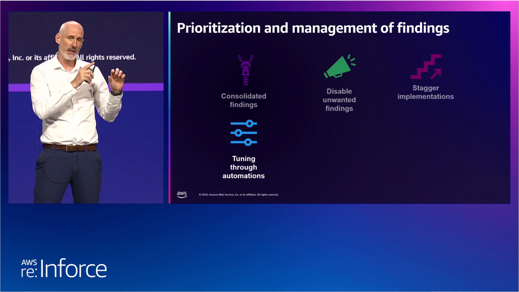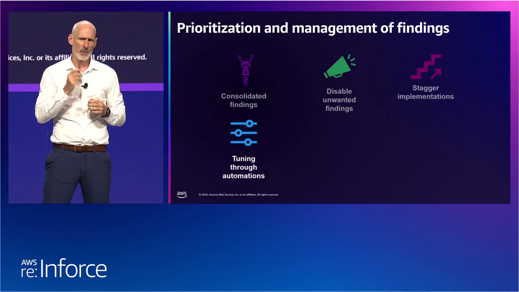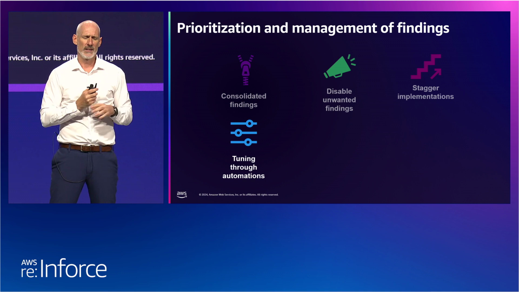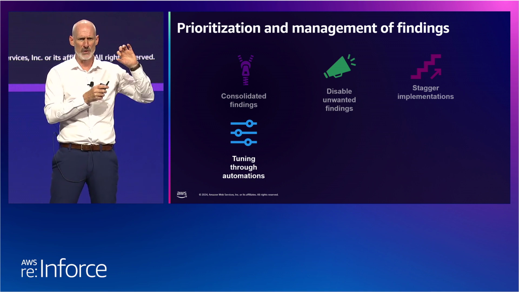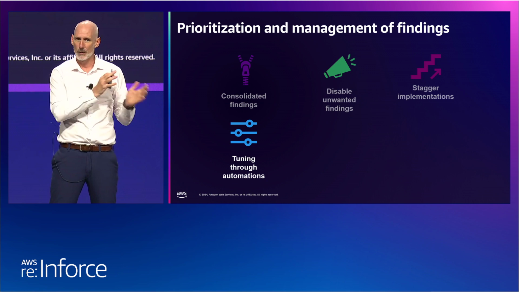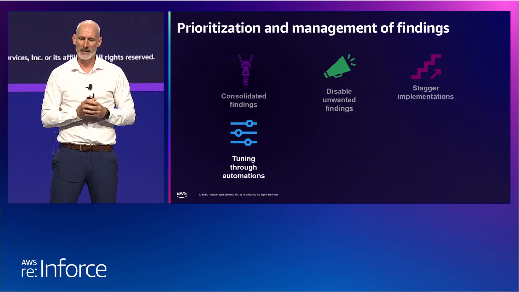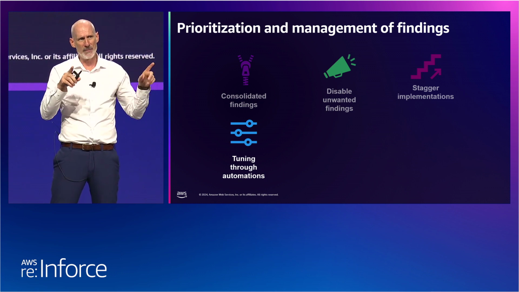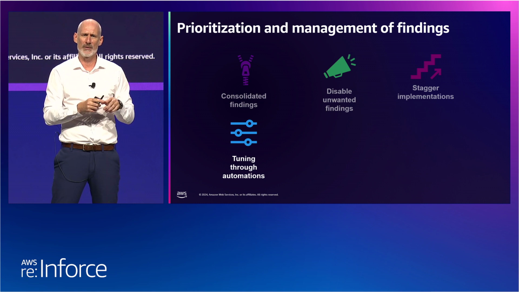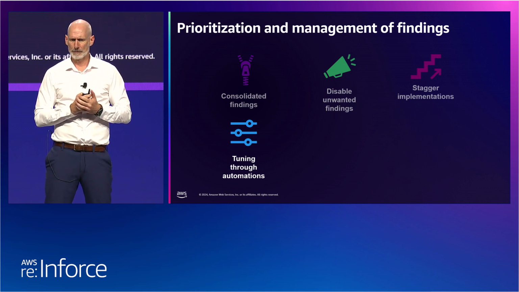And we found that some of the standards brought them out as medium or even high, but we see them as critical findings. And so we used automations to tune these particular findings and turn them from high to critical or medium to critical, so that as an organization we see them at the right level. So it's very useful. And again, it's this golden source of information. And I'll talk about that a little bit later on.